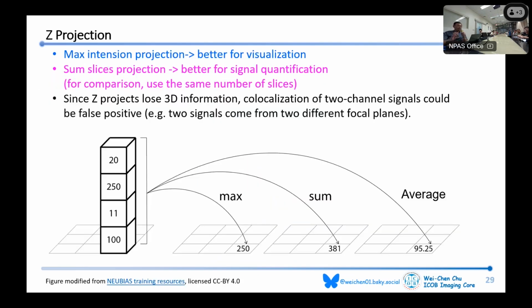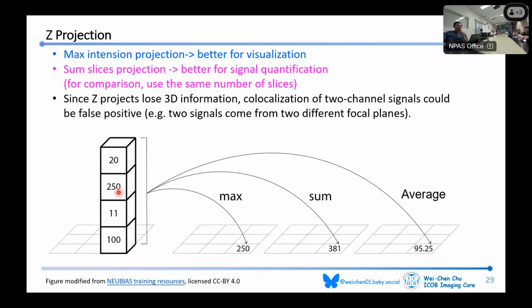So what is the maximum intensity projection? Suppose you have 4 layers for these decks. Max intensity only picks the maximum value, for example, 250, as a representation. So the other will be discarded.